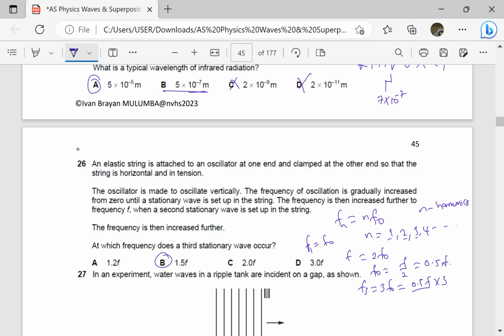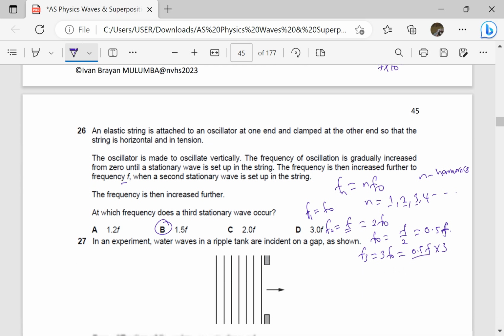For the second, n is equal to 2, so f2 was given as f in this case, but n is 2. So f2, which is f, is twice f naught. So f naught is going to be f over 2. That's why I got 0.5 times f. So f3, which is the next, is going to be 3 times f naught, which is 0.5 f times 3.